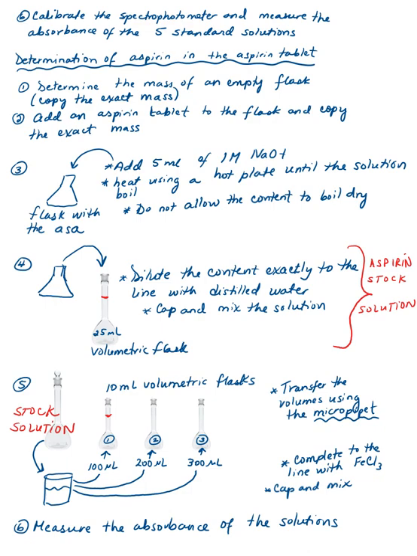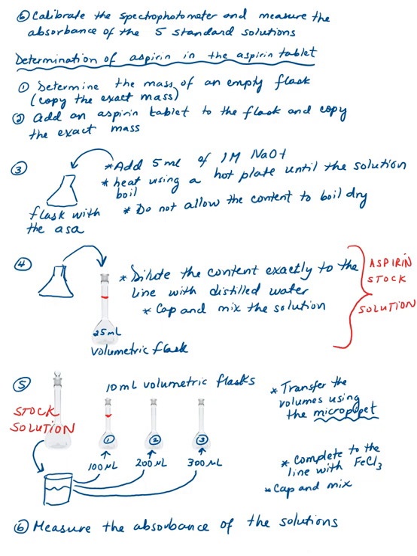So you're going to prepare step number 4 in a similar way to how you did number 4 in the previous part. You're going to transfer your dissolved tablet in the sodium hydroxide, that solution from your Erlenmeyer flask, into the volumetric flask. That volumetric flask has a volume of 25 milliliters.